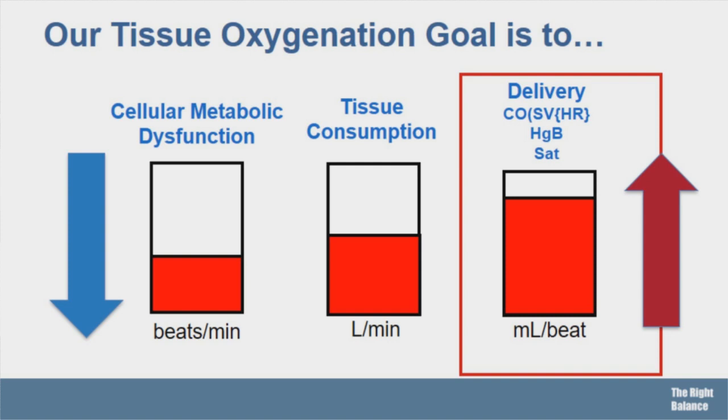Stroke volume is the ventricular efficiency. So I need your stroke volume to increase when I'm trying to manifest a better blood flow at the tissue level. Because what I want to see is your cellular metabolic dysfunction, which is what produces lactic acid, which is what produces metabolic acid, and the respiratory dysfunction of the cell, which is what produces CO2.